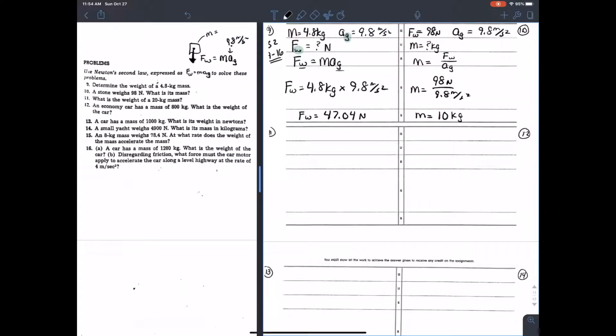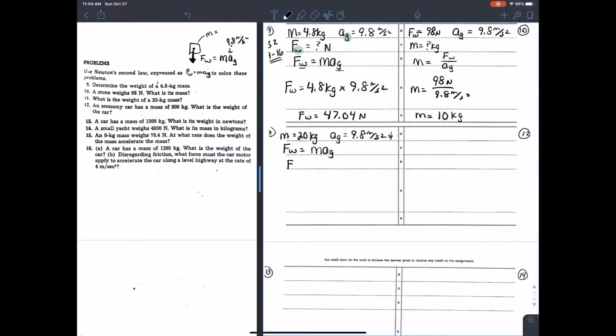Number 11, you have a mass of 20 kilograms. And I know gravity is 9.8 meters per second squared, acting downwards. It says, what's the weight of this? So weight equals mass times gravity.